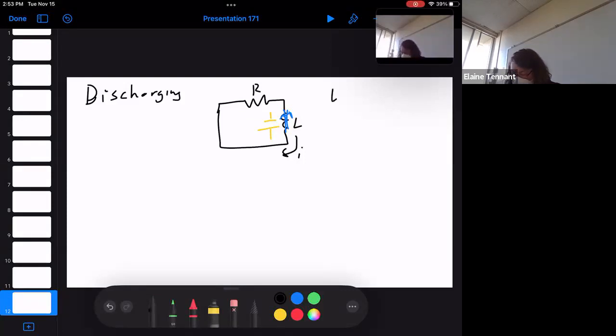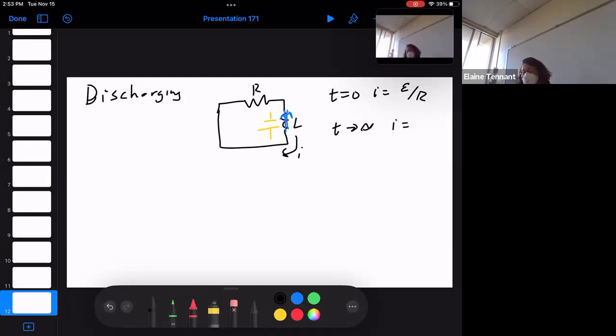Initially you will want to see the exact same current that you had the moment before. After a long amount of time, what would you expect to see? I hope you said 0 in the back there, right?